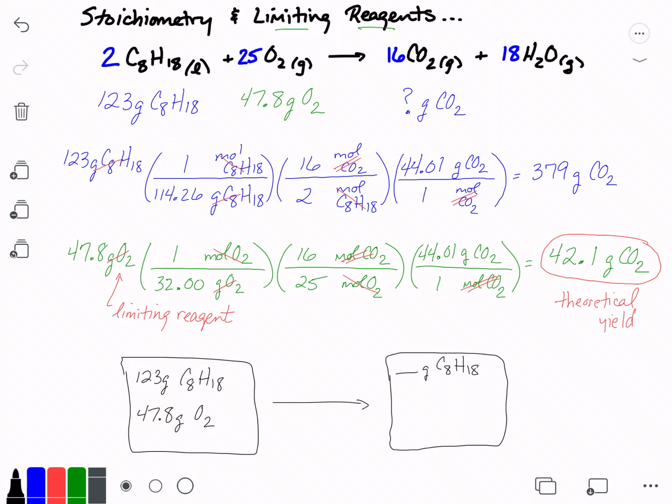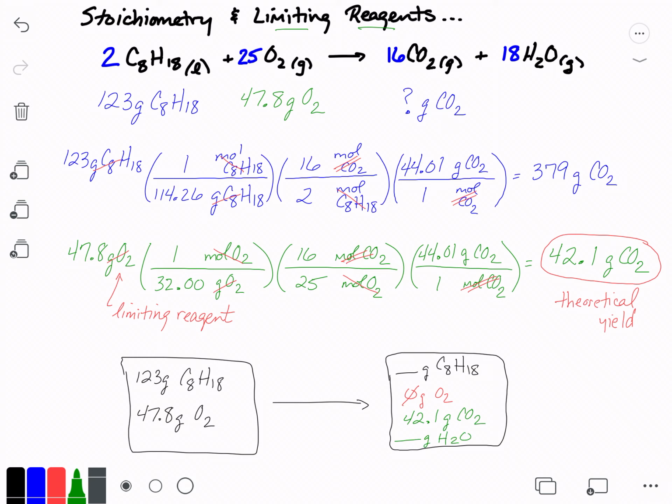If I wanted to, I could calculate that. But I've used up all of my oxygen. It's gone. What I've made in its place is 42 grams of CO2.